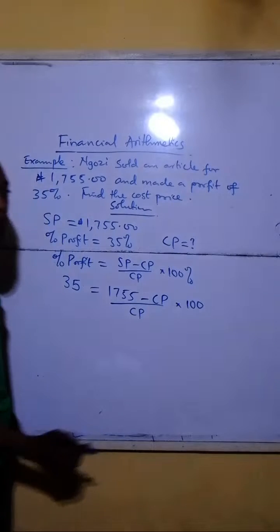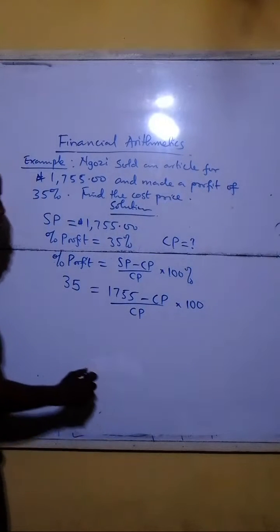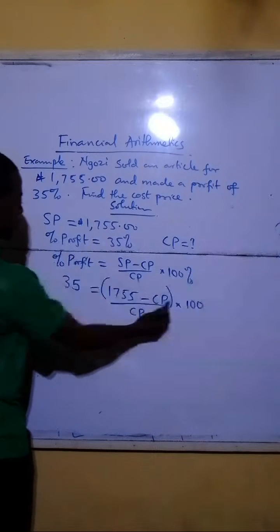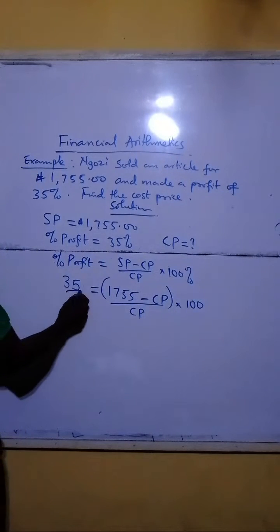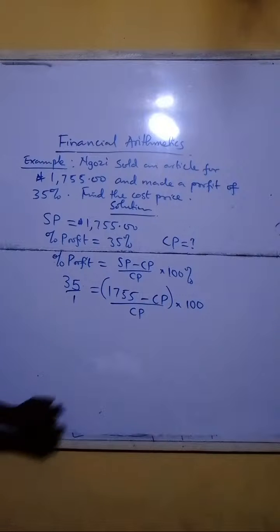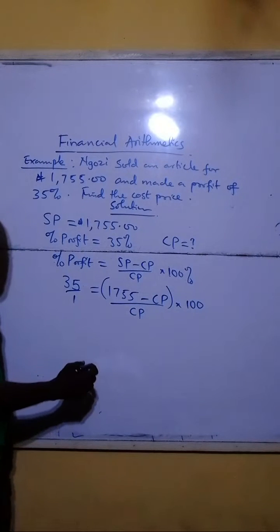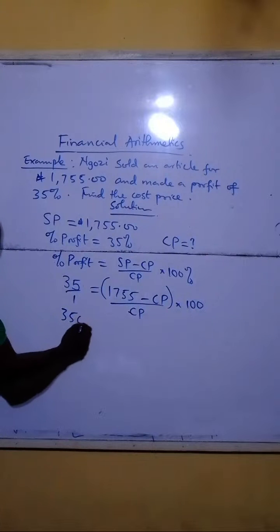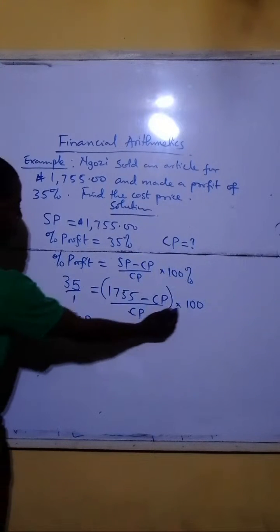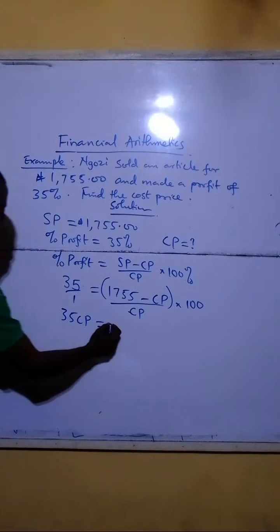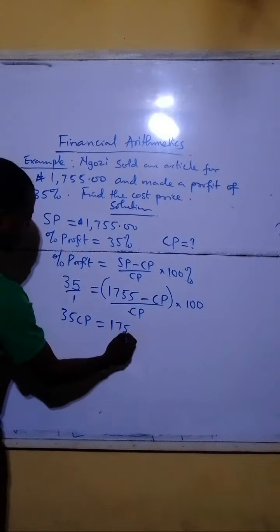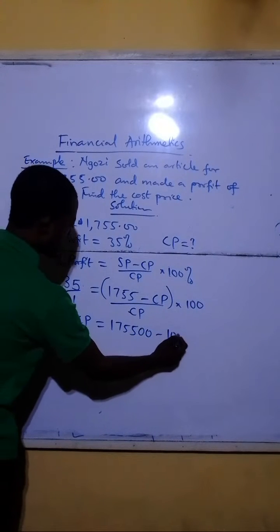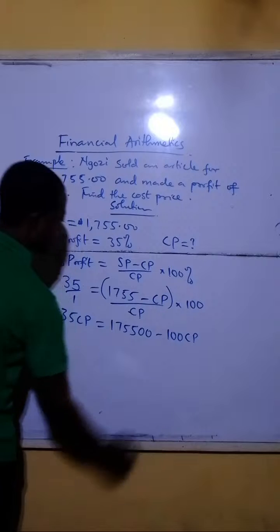We should be careful here. We can use brackets for the 100. This is 35 over 1, so when we cross multiply, we have 35 CP equals 100 open bracket 1,755 minus CP, which becomes 175,500 minus 100 CP.